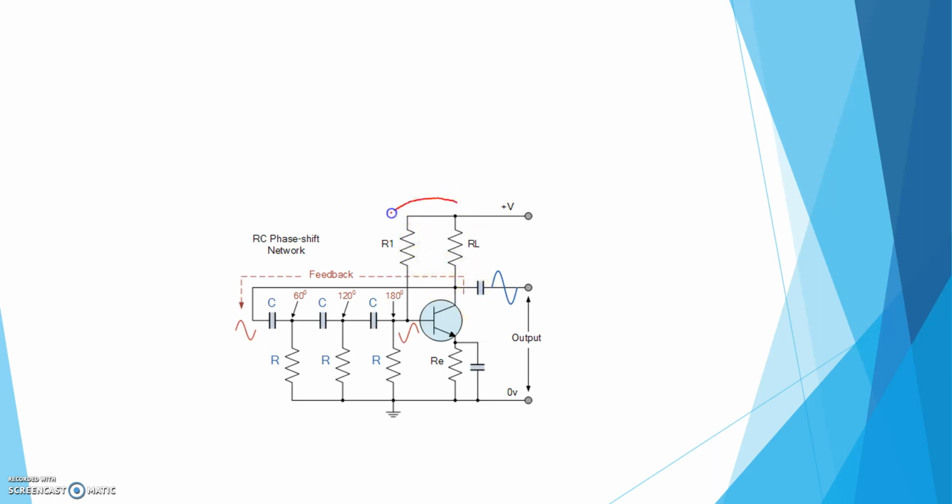See, this is a normal CE amplifier. Whatever input we are giving, suppose I have given input in such a way that we are getting a 180 degree phase shifted output. Then we connect one node here. We take a portion of the output voltage and give it to the feedback network.